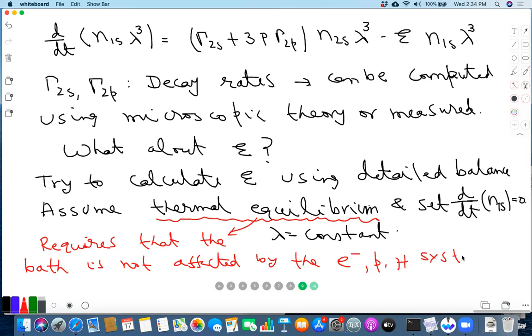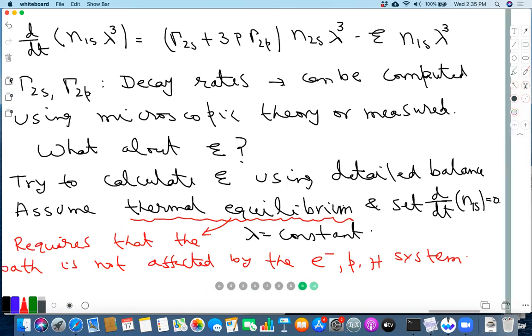We'll see why this is important. So let's assume this and calculate it. The reason this is important is that the E that you calculate by assuming thermal equilibrium is not quite the E that you have to use. You have to make some corrections. But let's proceed anyway.